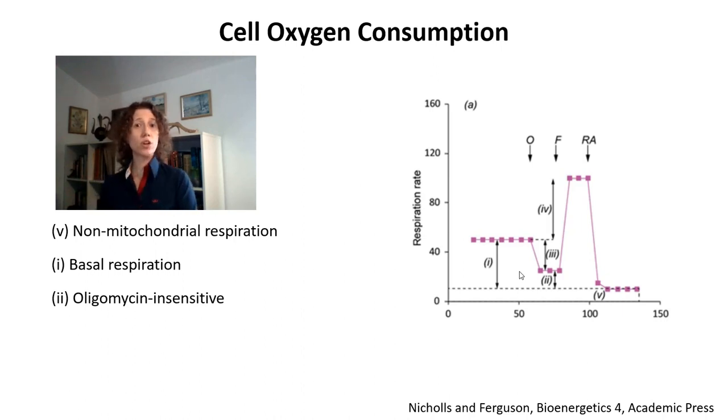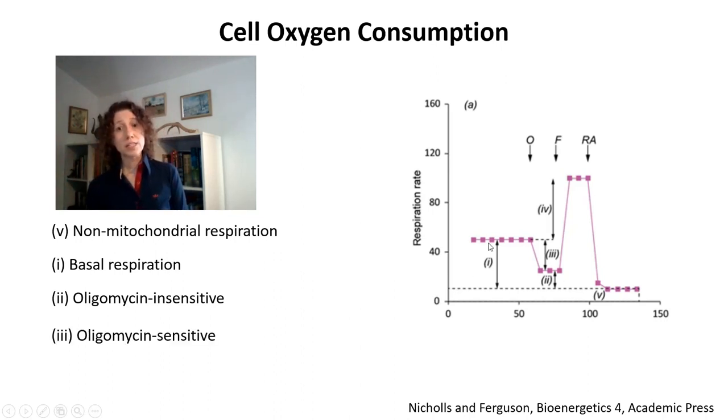So you're going to have electron transport depending on how permeable the membrane is to protons, either through the membrane itself or due to proton transporting systems such as the mitochondrial uncoupling protein. So oligomycin insensitive respiration reflects the proton transport or the proton leak through the inner mitochondrial membrane. Oligomycin sensitive respiration is the rest of the respiration, the difference between insensitive and basal respiration. And this respiration typically is thought to reflect ATP synthesis in the mitochondria. So this is ATP-linked respiration.